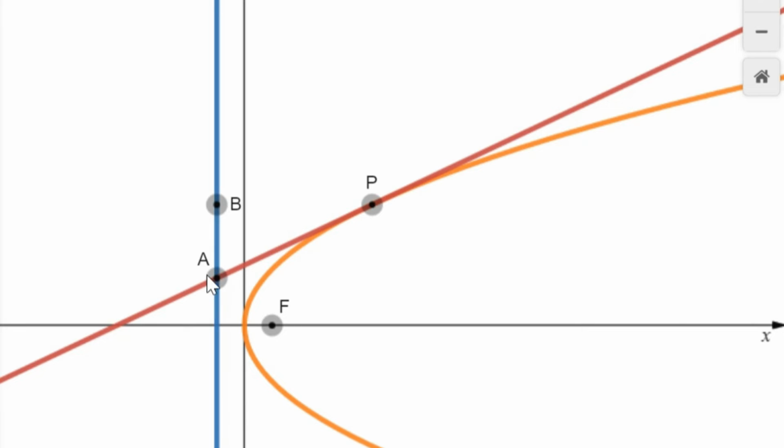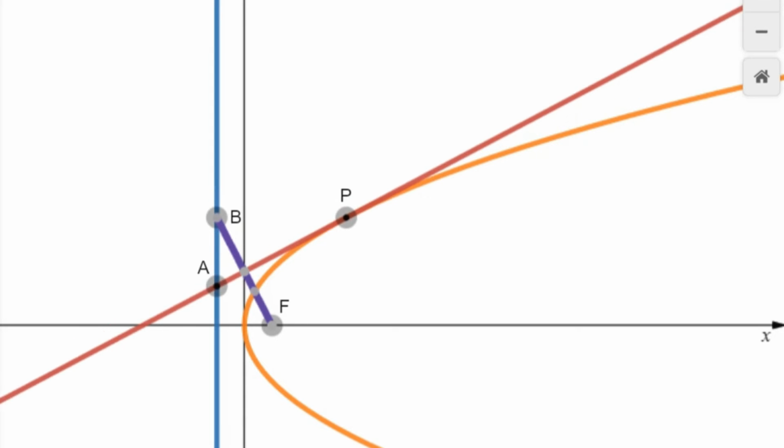Now, what we have to show is the diagonal of this quadrilateral. When those diagonals intersect, they intersect always along the y-axis. So, if we've got this diagonal as well as this diagonal, what we need to show is they intersect along the y-axis as q varies.